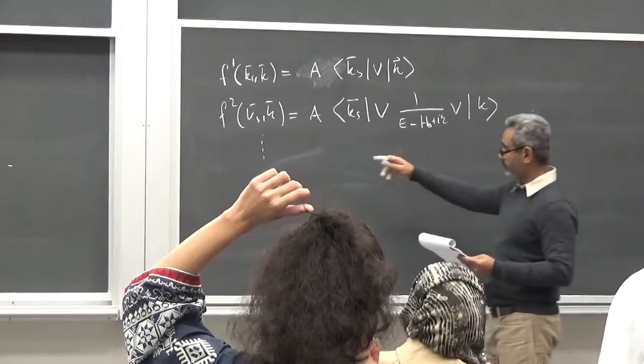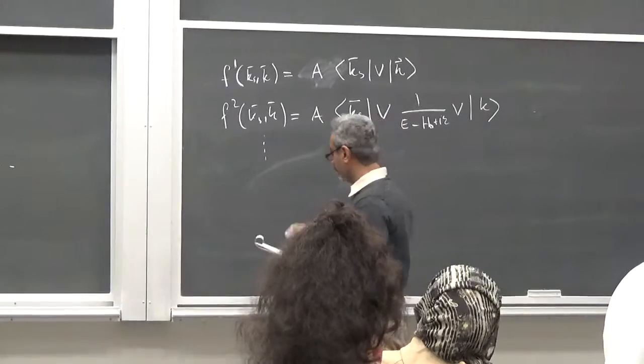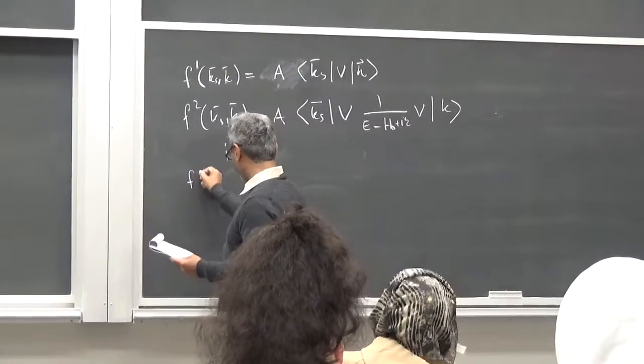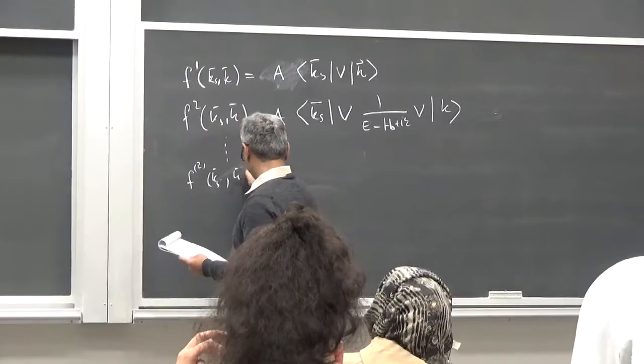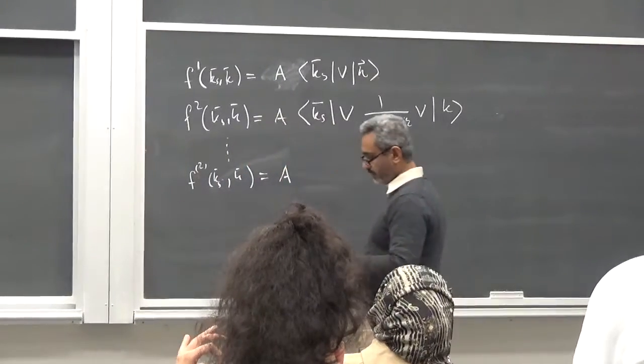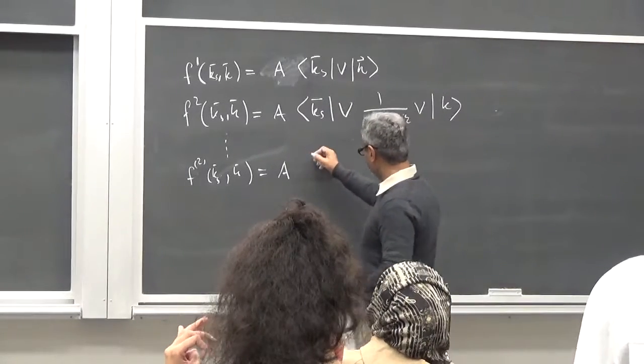Suppose you want f2, you want to calculate this. So let's write it out. Let's open it up. So this is going to be a. And now how would you do it?